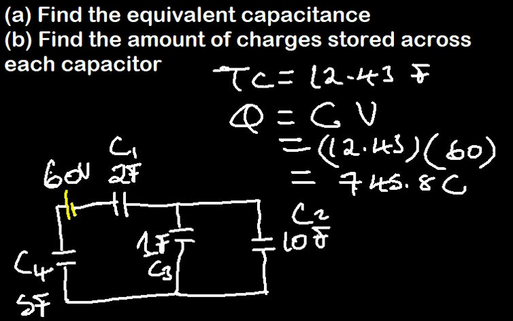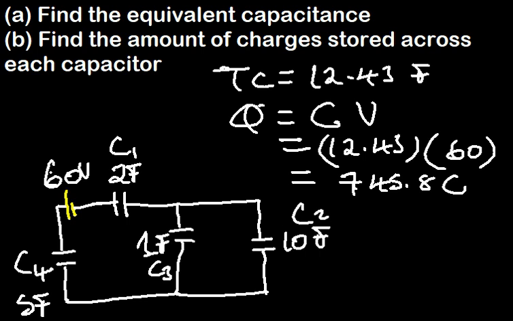Now, you should understand that the total amount of charges comes from the potential difference of 60 volts. The other two capacitors are connected in series with respect to the battery.